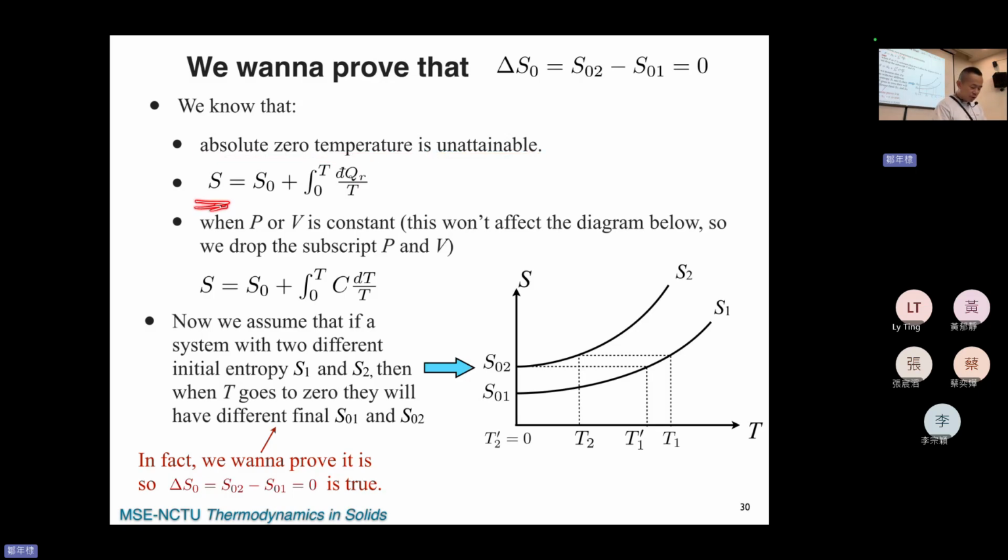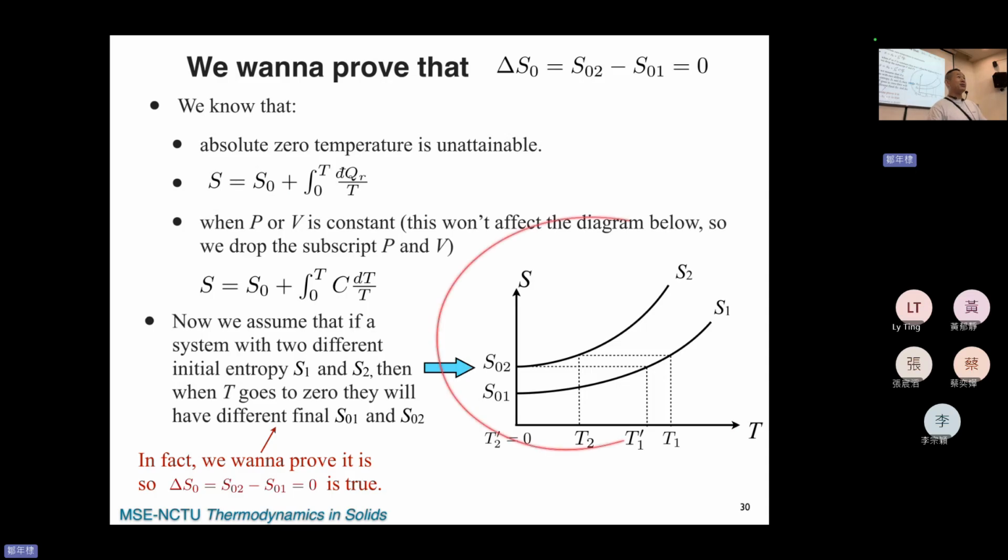The definition of S equals S naught plus the integral is the third law, which we wrote before. Because Q here is related to CP or CV, but we didn't specify CP or CV and didn't take any subscript, since the figure won't change whichever you write.